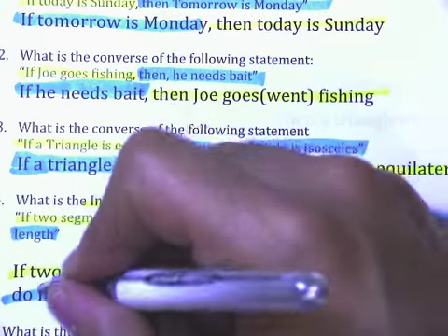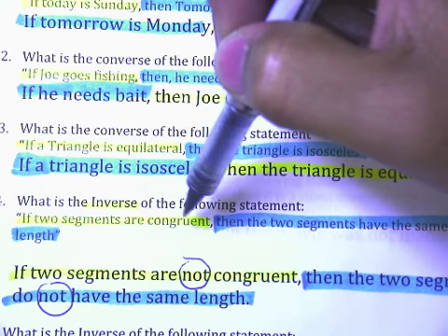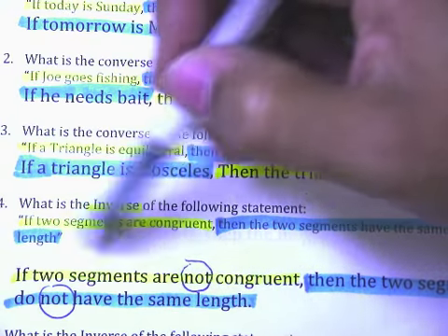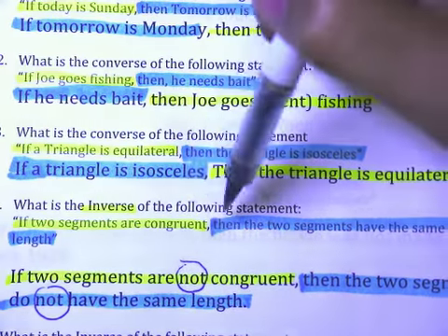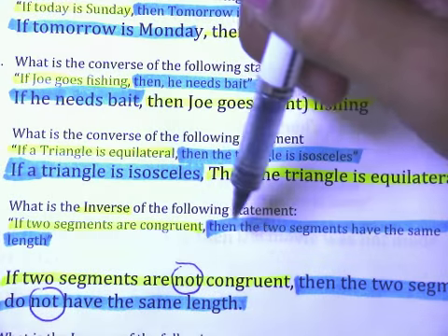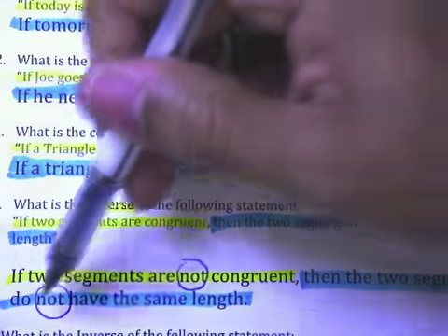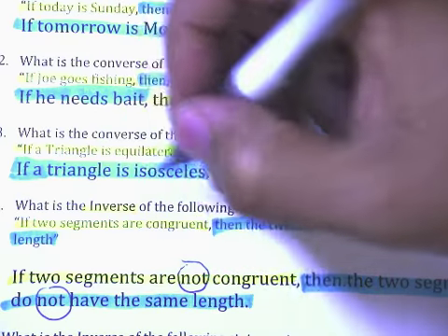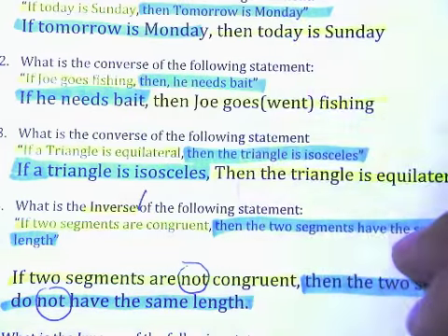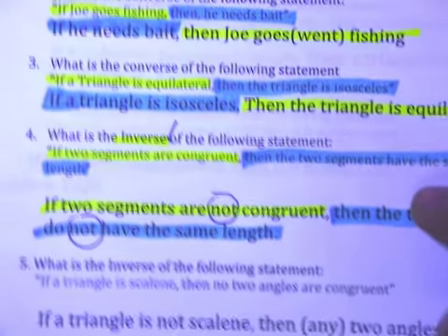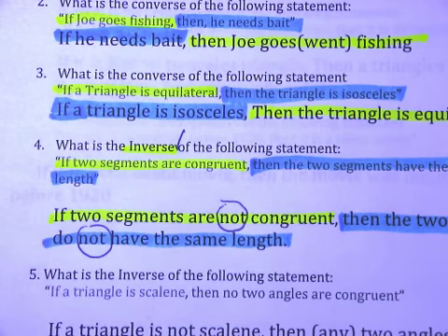What did change? Well, we added a word. We added the word what? Not. If two segments are congruent, the negation of that is if two segments are not congruent. Then the two segments have the same length. Well, the negation of that is then the two segments do not have the same length. And that is for the inverse.